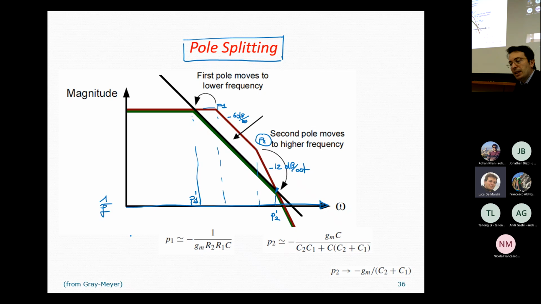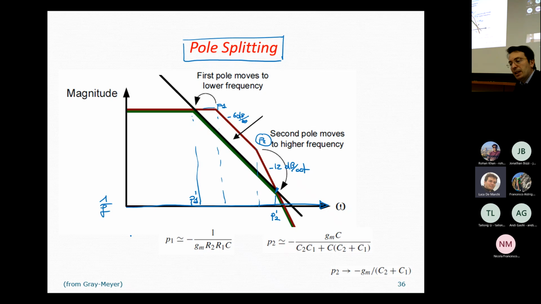If we are interested in computing the phase effects related to a pole, so if we want to compute the phase of a transfer function like this one, 1 over 1 plus j omega over, let's say, p1, we can say that this is equal to computing the phase of a function like this one, 1 minus j omega over p1 over 1 plus omega squared over p1 squared.